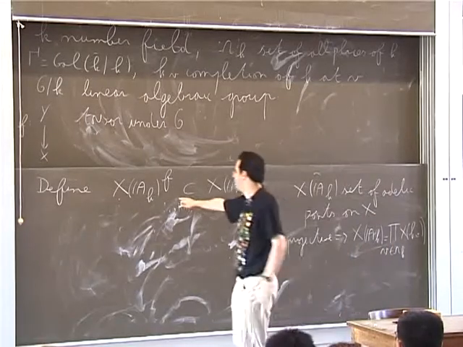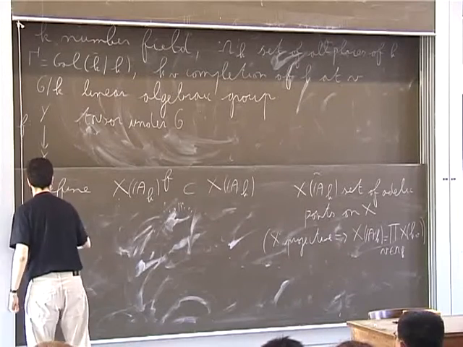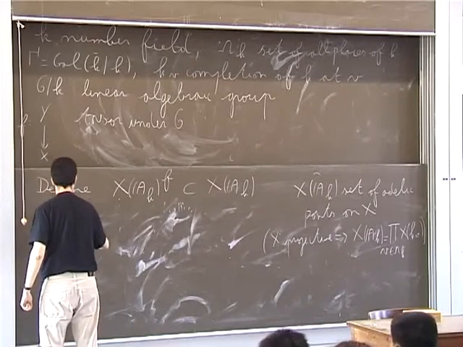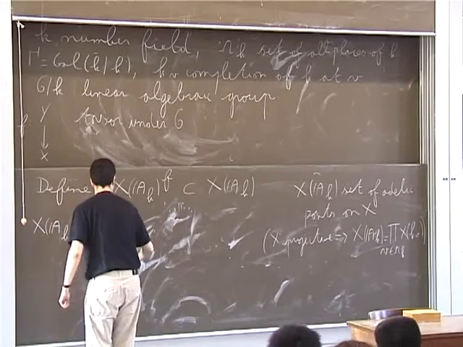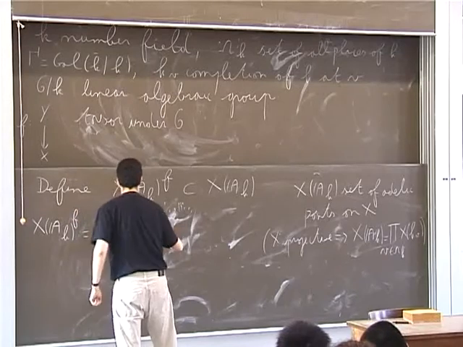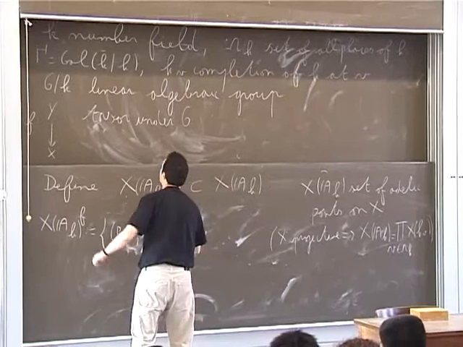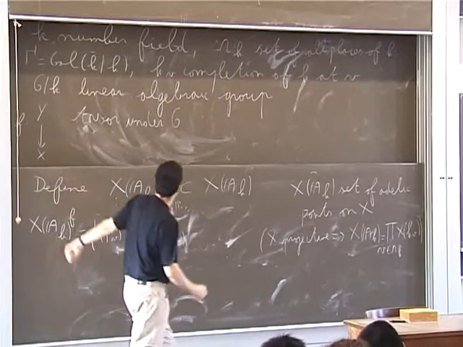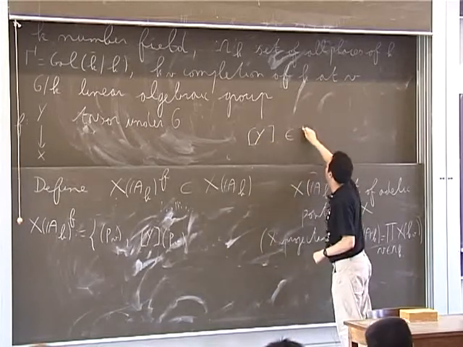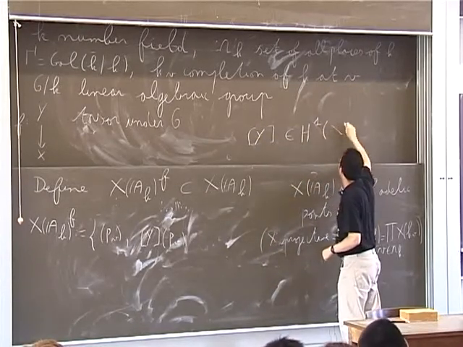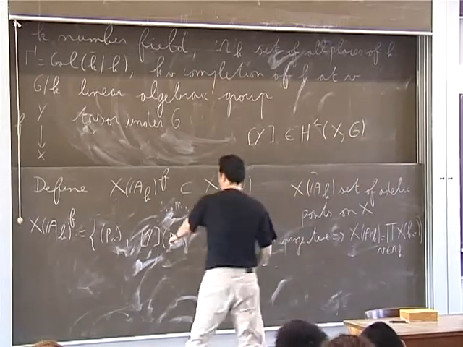So I have a certain subset. I recall the definition. X of A_K to the power F is defined as the set of adelic points P_v such that if you take the evaluation Y of P_v. So recall that when you have such a torsor, you can take its class Y in the cohomology set H1 of X, G. And you can take the evaluation.